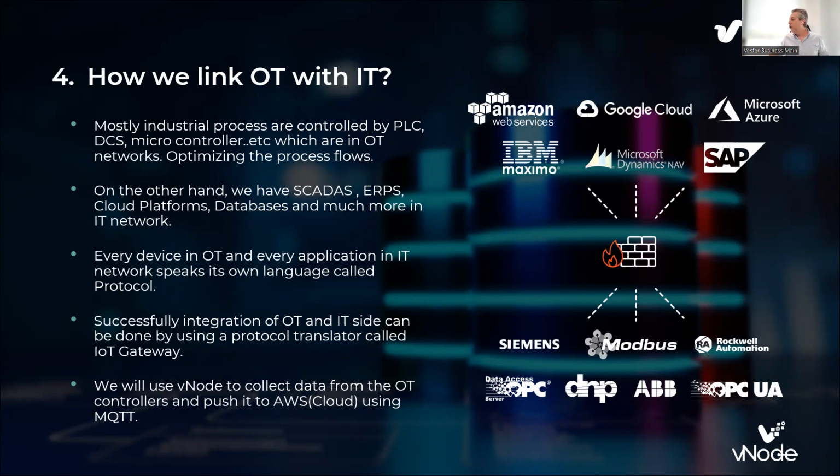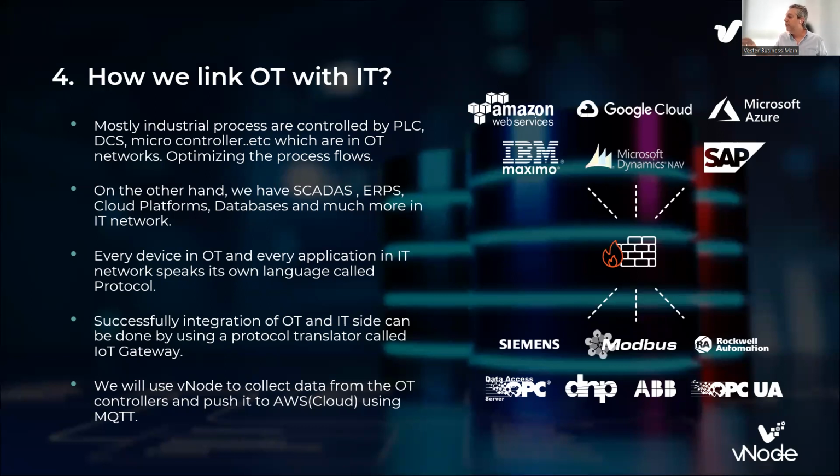All right, so every device in the OT network, in a control network, speaks a different language. So on one side you need either an OPC server or an IoT gateway, which has the functionality to connect to these specific protocols. And this is exactly what vNode or Metrogon software is doing in this case.